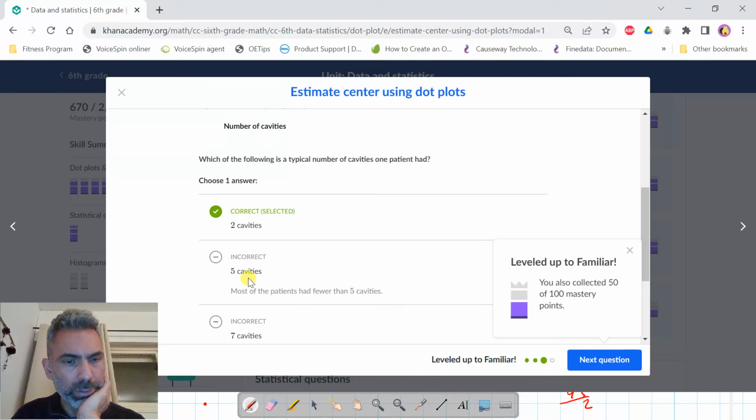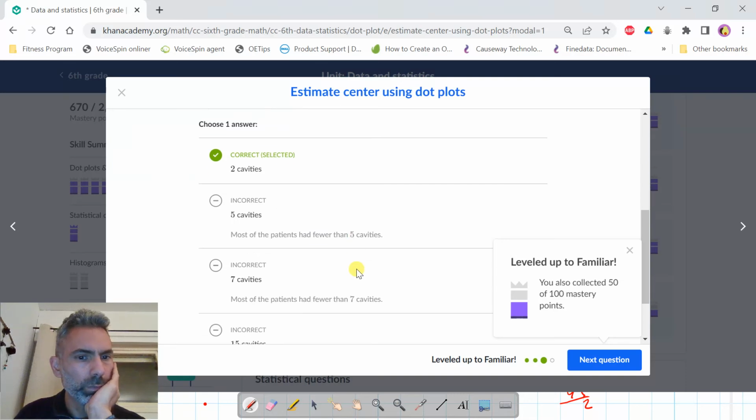Five is incorrect. Why? Most of the patients had fewer than 5 cavities, which I understand now.